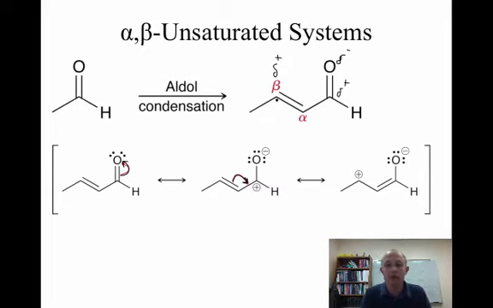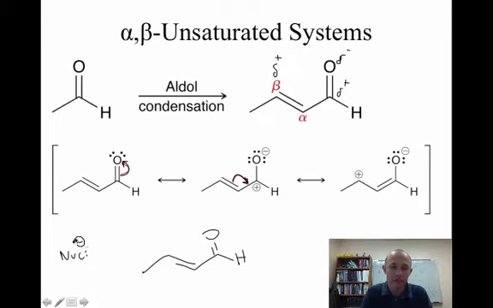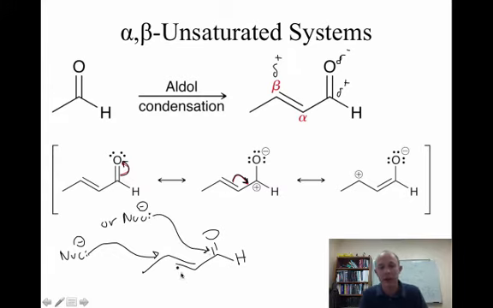So what we're going to see is if I'm a nucleophile and I encounter an alpha-beta unsaturated aldehyde or ketone, I could attack here, or I could attack here. So this is the beta carbon.